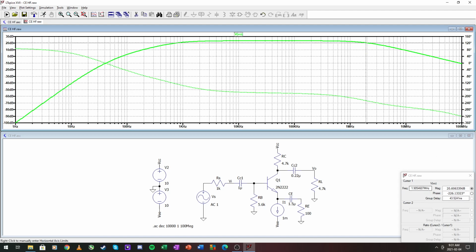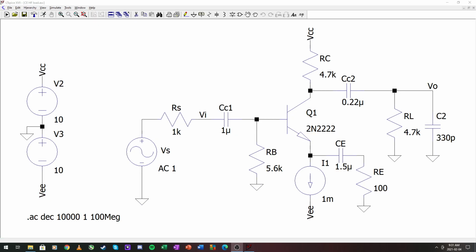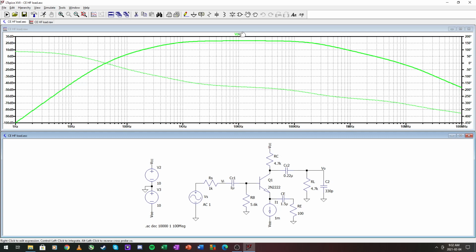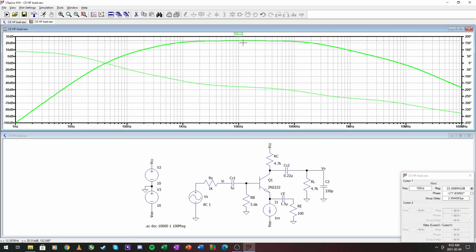That is 1.9 megahertz, fairly close. Then our load capacitor of 350 picofarads. Twenty-three point 188 kilohertz.